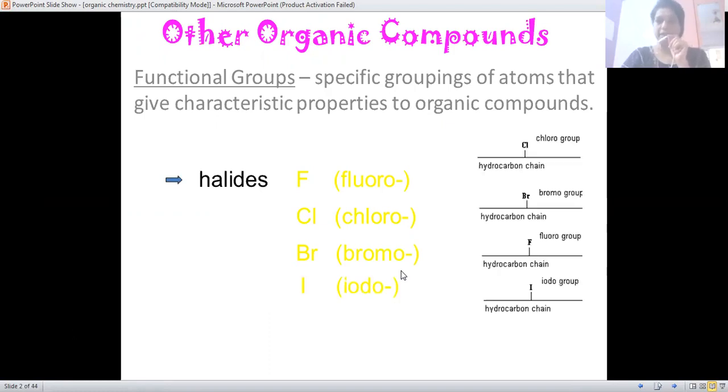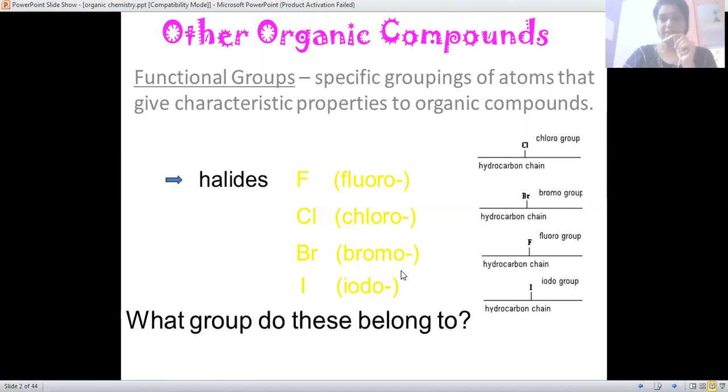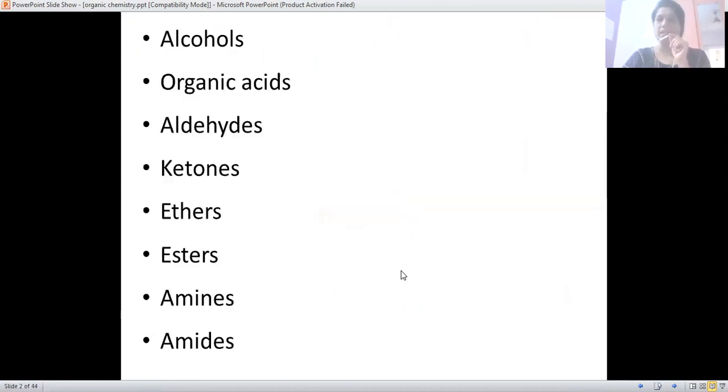Chlorine has a very good power of attachment to carbon, then bromine, fluoro compounds and iodo compounds. These are the halides. Whenever these attach to the carbon, they have a different way of writing their name and identification. We call these the halogen compounds.